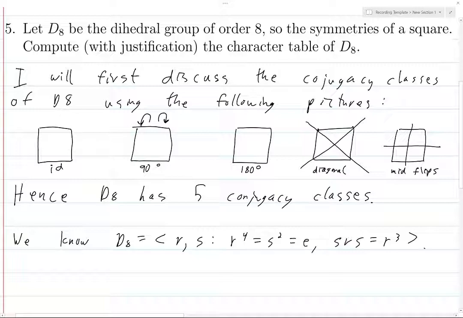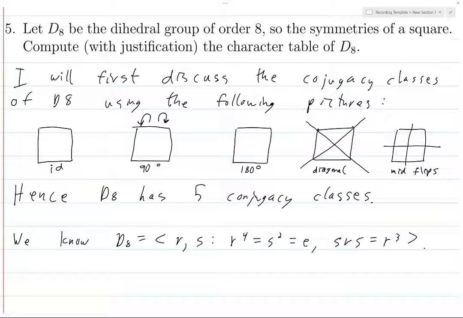I wanted to finish up something about these conjugacy classes. But anyways, we have these 5 possible conjugacy classes, so we get 8 elements, and there's only 8 elements in our group, so we're done.